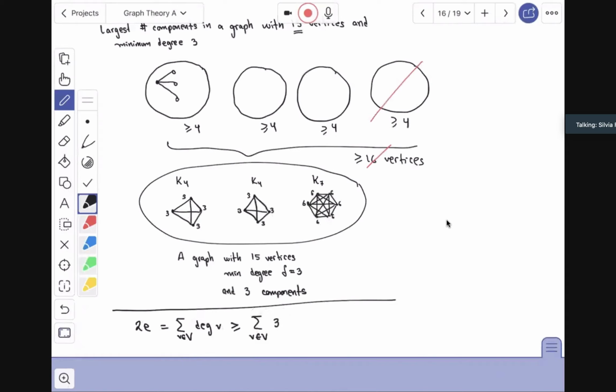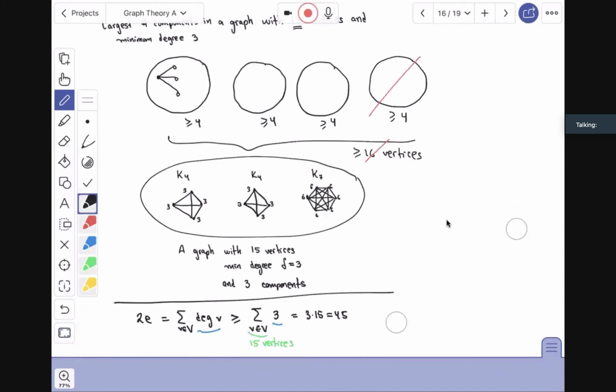So each of these terms has to be 3 or more, because the minimum degree is 3. So all the degrees are 3 or more. And here I have 15 vertices. That was given, right? So I have 3 plus 3 plus 3 plus 3 in this sum. I have 3 plus 3 plus 3, 15 times. So this gives me 3 times 15, which is 45.